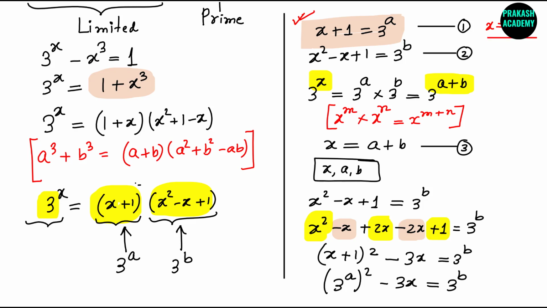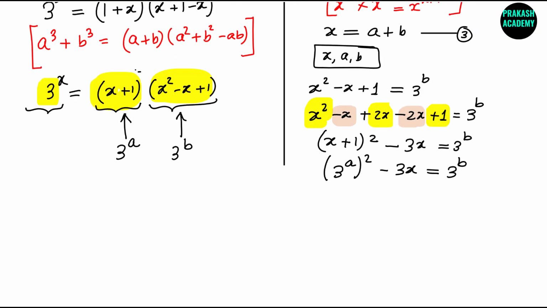So we will plug this value in this expression. I will have 3 raised to the power a whole square minus 3 times x, and x is 3 raised to the power a minus 1, and this is equal to 3 raised to the power b.